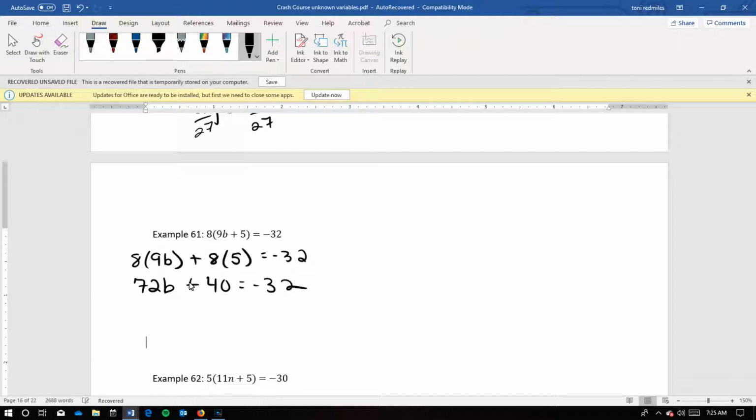Now I got to subtract 40 from both sides because it's being added to the b. Now I'm going to divide both sides by 72 because it's multiplying the b. And b is going to equal a negative 1. 72 goes into 72 one time, a negative and a positive make a negative.